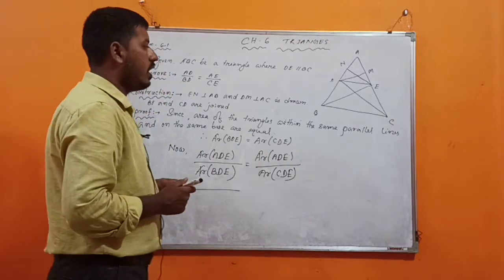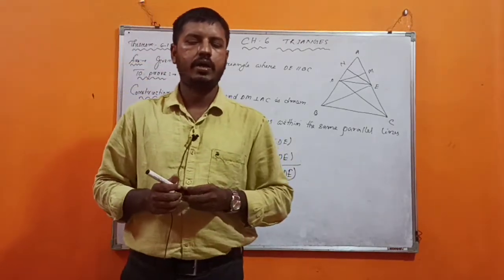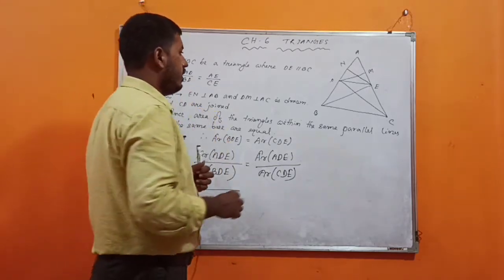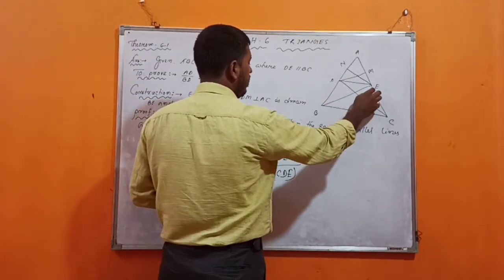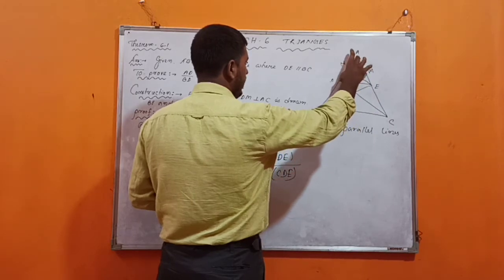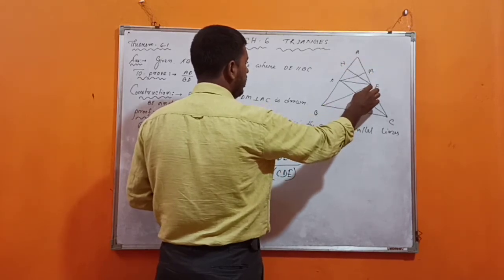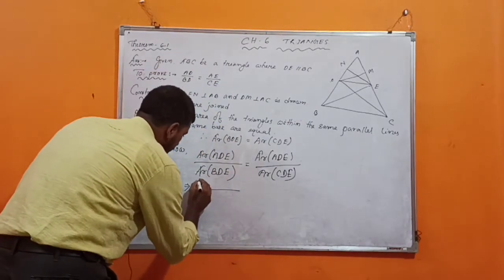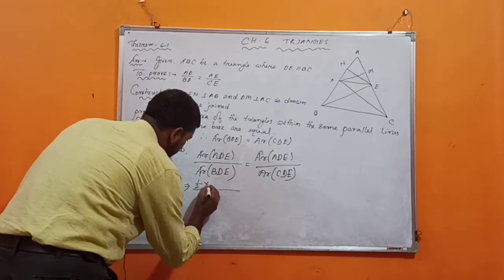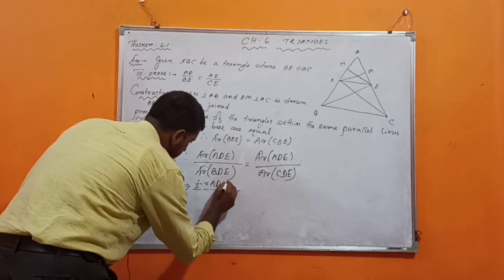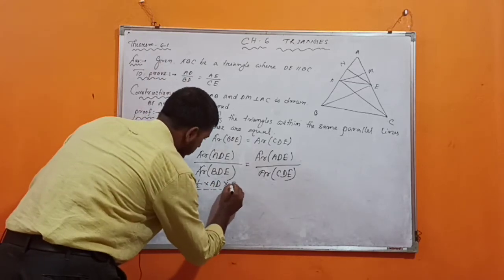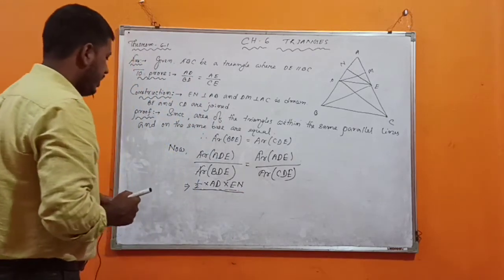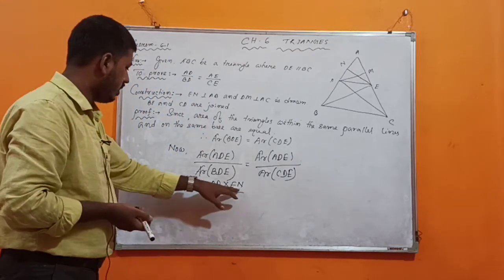Okay, and we all know the area of a triangle is half into base into height. So if we consider the triangle ADE, then the base will be AD and the perpendicular will be EN. So I am writing area ADE will be half of AD into EN.